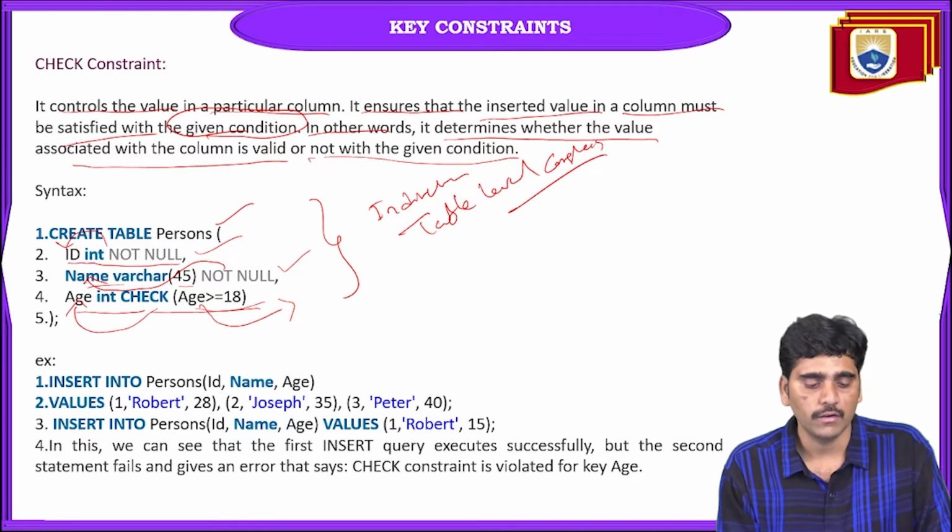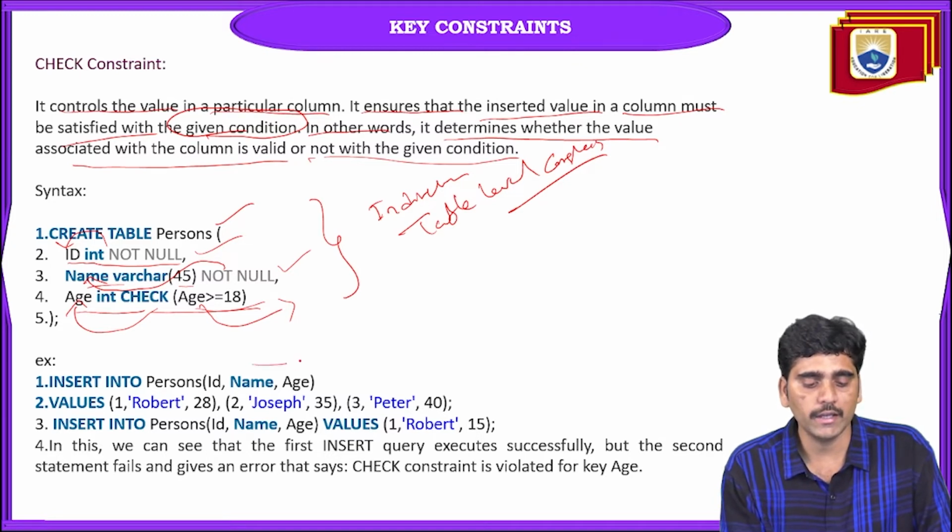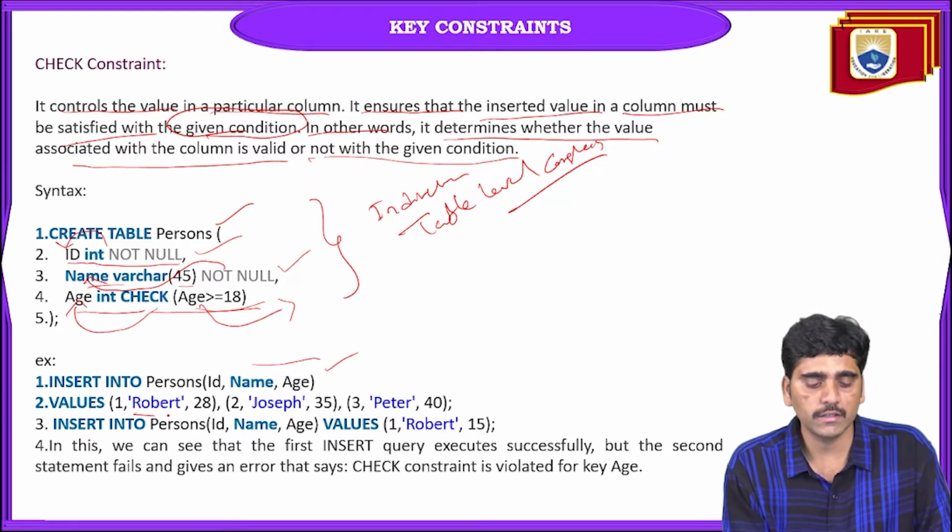So we'll see the example. Insert into person's ID, name, age, the values of 1, Robert, 28, 2, Joseph, 35, and 3, Peter, 40. So this is the first record that you entered, this is the second record, and this is the third record.